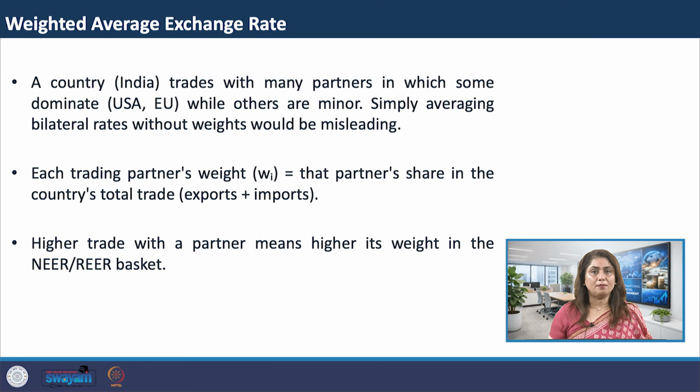Simply averaging bilateral rates without accounting for these differences could be misleading. So, each trading partner's weight equals their share in India's total trade, that is, total exports plus imports with that country. The higher the trade with the partner, the higher will be their weight in the NEER and REER basket.